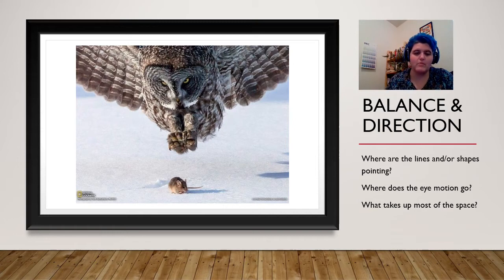I mean, there's a lot more owl space happening. There's almost no mouse space. There's a lot of owl space and there's a lot of white space. So there's empty space, right? Empty space.